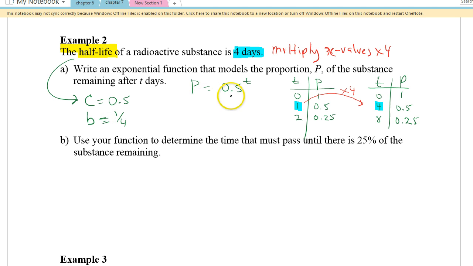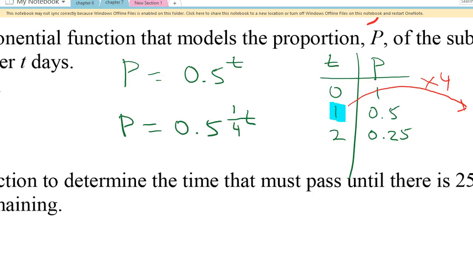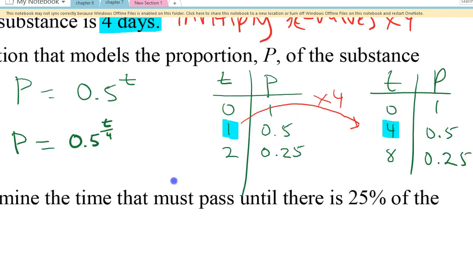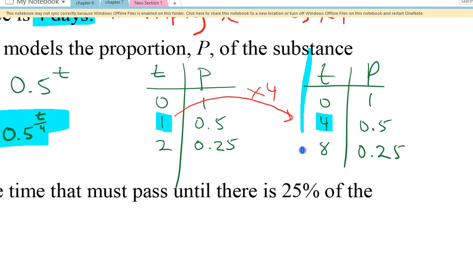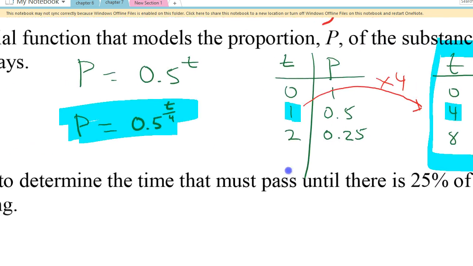So instead of p is equal to 0.5 to the power of t, we want to change this to say p is equal to 0.5 to the power of 1/4 t, or why not write it as 0.5 to the power of t over 4. Okay, and then that will give us this function right here. So this one goes with this. Okay, and that will be your right answer.